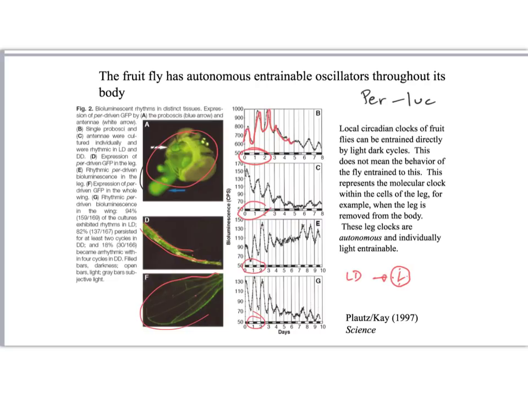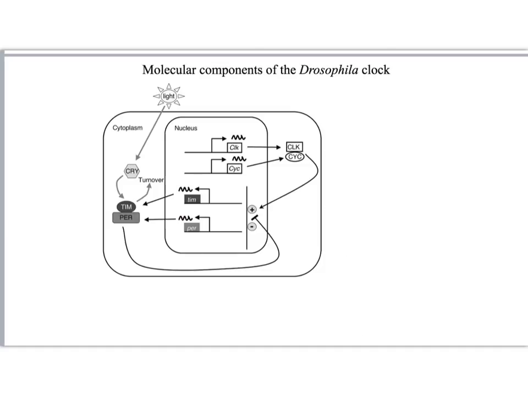And now, knowing what you know about the Drosophila circadian clock, let's see what happens. In fact, I told you that in Drosophila, one component, not of the clock, but one component of the input to the clock was cryptochrome.